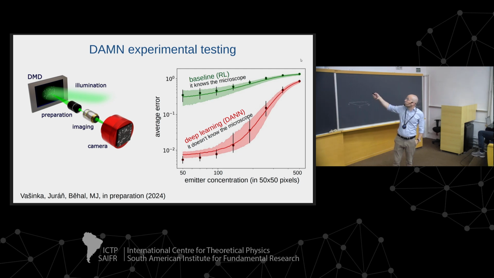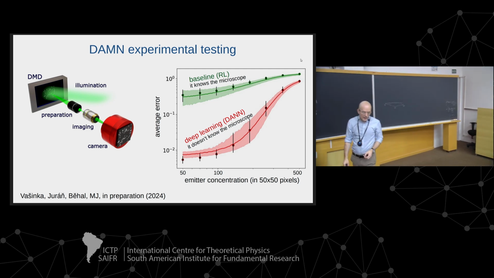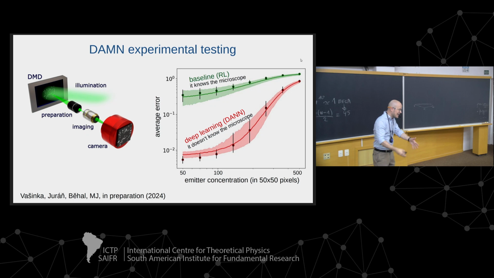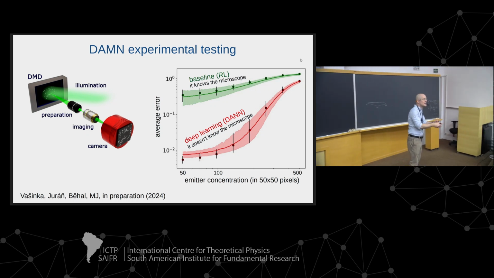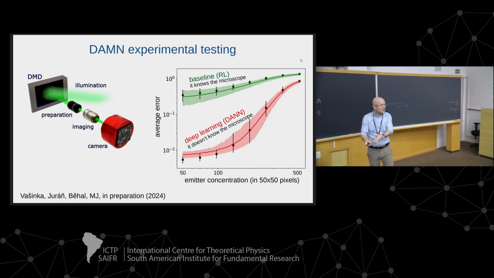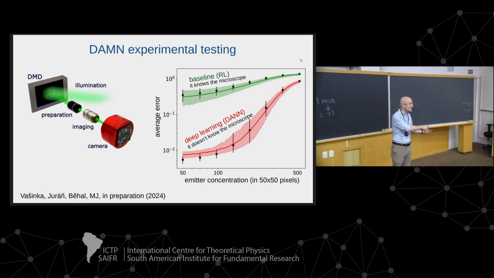So it's 1 or 1.5 orders of magnitude improvement, despite the fact that the network knows nothing about the imaging device. This is very nice in itself for applications in imaging, but for us it's definitely a hint how to proceed further, how to train device agnostic models, and of course, we are interested in entanglement.